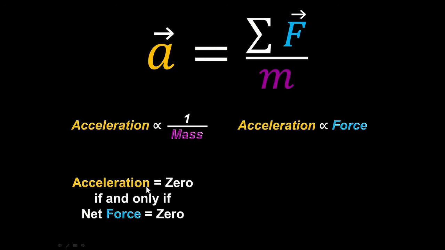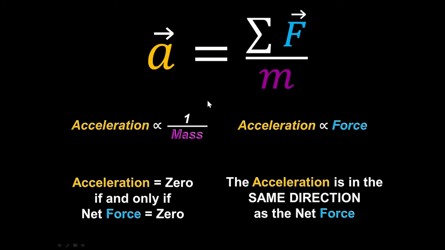You could say if the acceleration equals 0, then the net force would equal 0. And the opposite would be true as well: if the net force is 0, then the acceleration is 0. If the if-then statement can go both ways, you say "if and only if." And that just means if this term is 0, this term is also going to be 0.